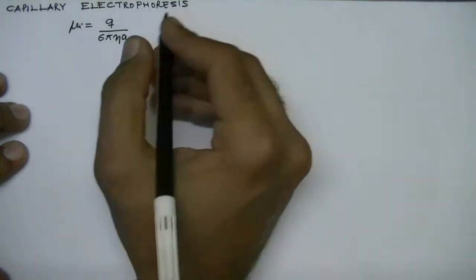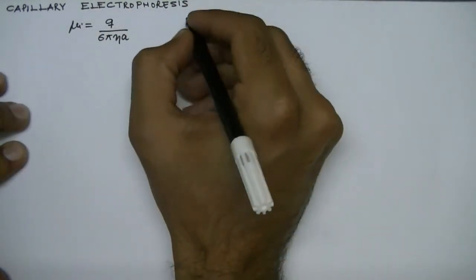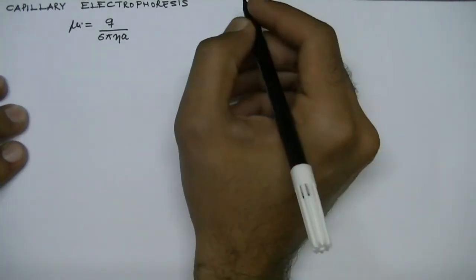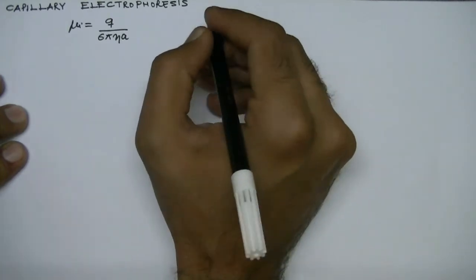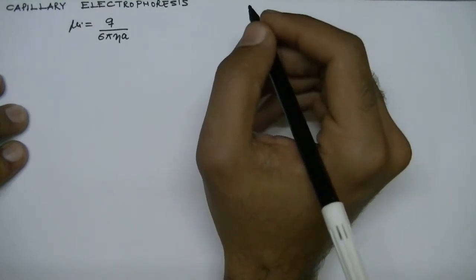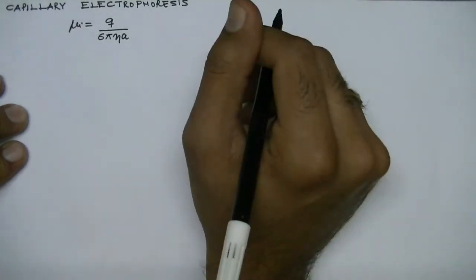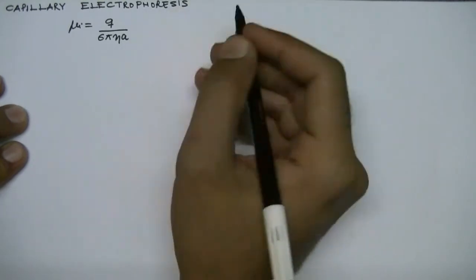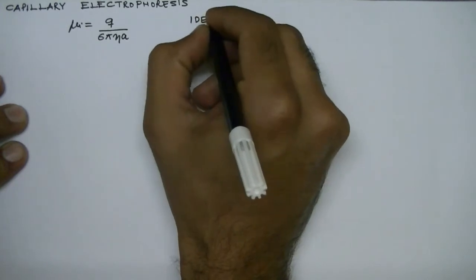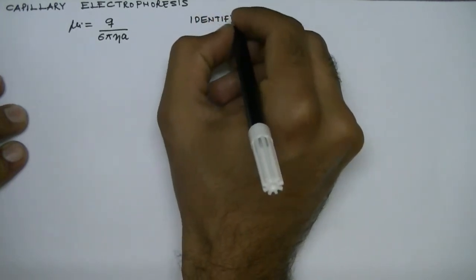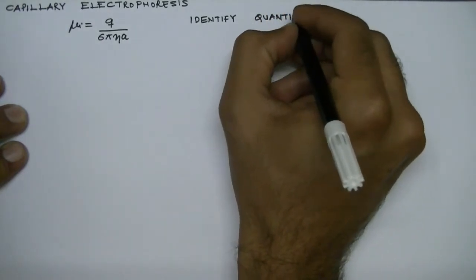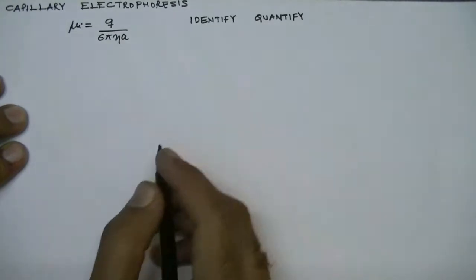Separation of these ionic species from a mixture is important in analytical chemistry, because let's say we consider tap water or milk or any other solution consisting of different ionic species, and we need to both identify as well as quantify the amount of different ionic species present in a sample.